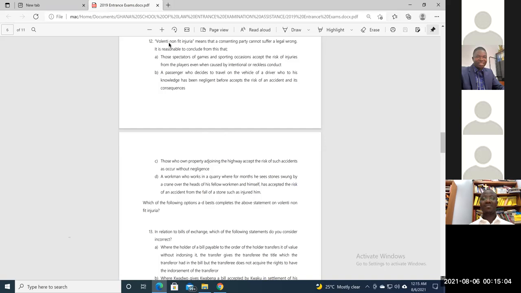That's how I'm looking at it. You know that there is a risk factor here, you assume the risk. So maybe contrary to how my brothers see it, I would have gone with A, to say that where you know that a risk would likely occur, you nonetheless decide to assume that risk, then that will fall under the definition of volenti non fit injuria.